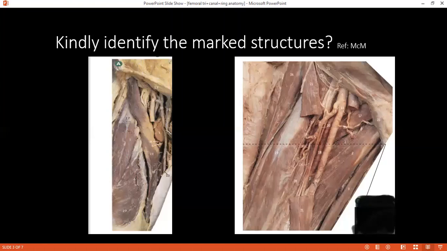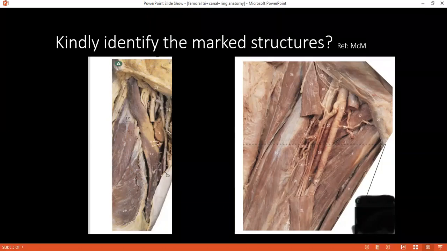Right, and then can you tell me how long it is, and what is the shape of the femoral sheath? It's funnel shaped, 3 to 4 centimeters in length. Okay. You told me the compartments. Can you tell me the contents of the compartments?